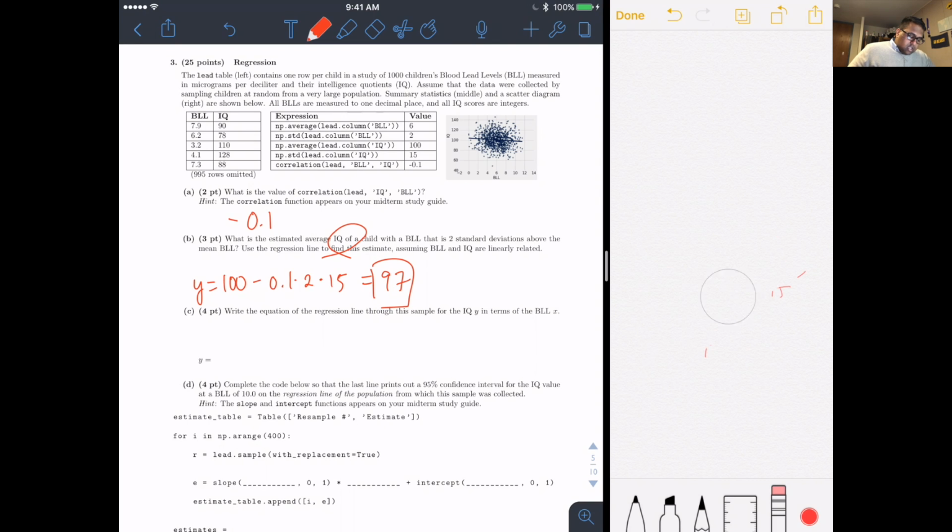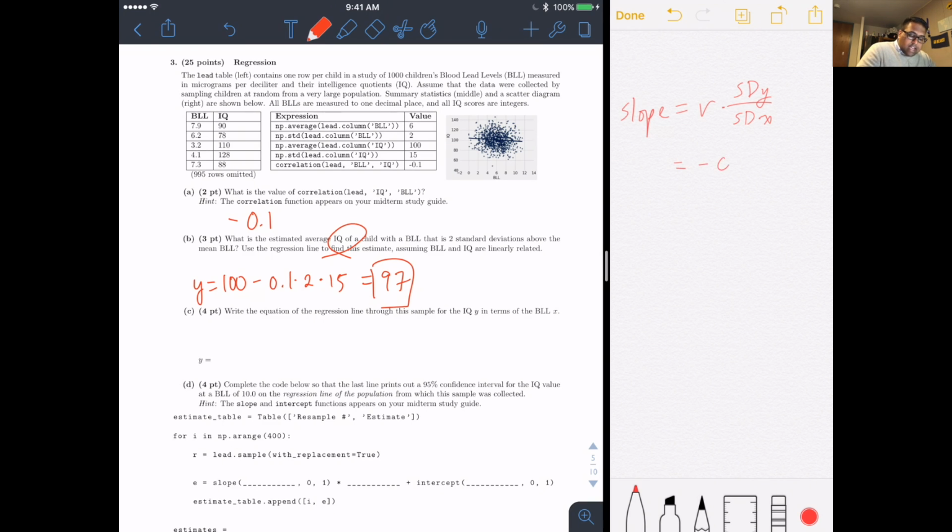Part C asks us for the equation of the regression line itself. So for this, if you don't have all the formulas memorized, the cheat sheet comes pretty handy, right? So in this case, what is our slope? Well, it's equal to R times the SD of Y over SD of X, right?